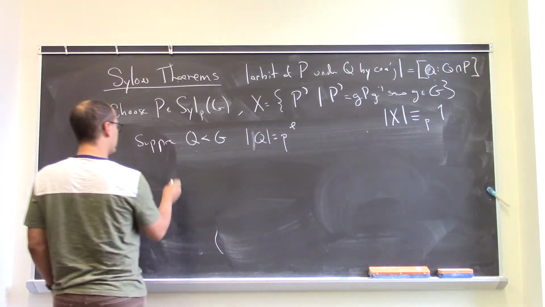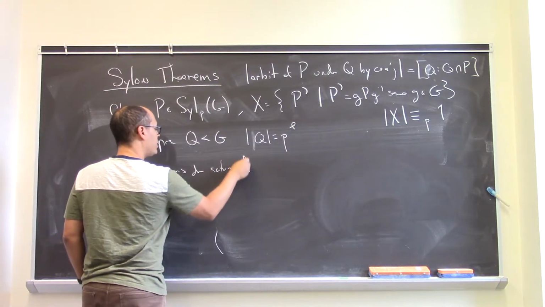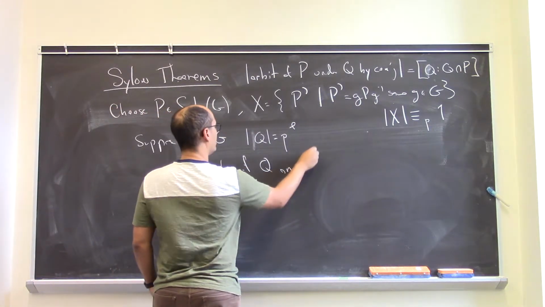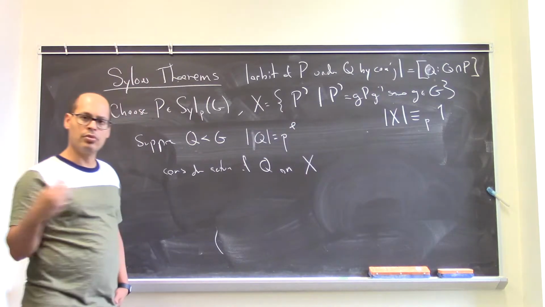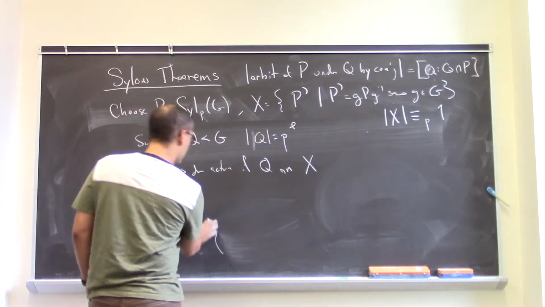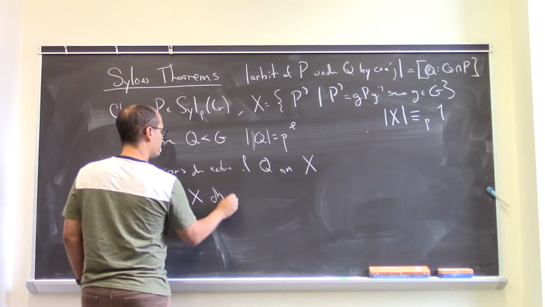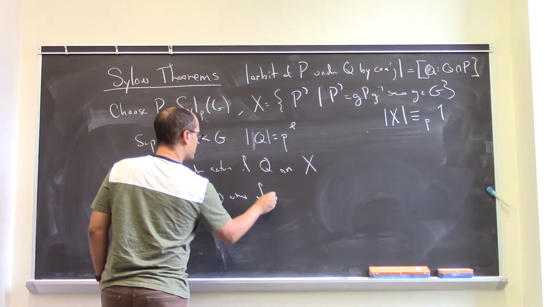Then we can again consider the action of Q on X. So Q moves around these Sylow subgroups, and X is again a disjoint union of orbits under the action of Q.